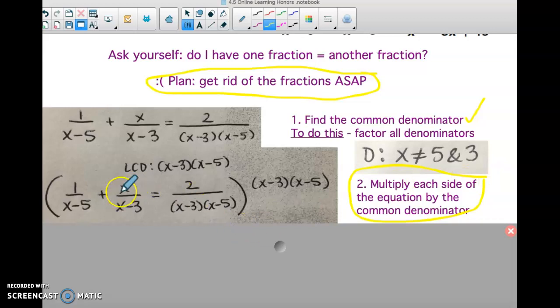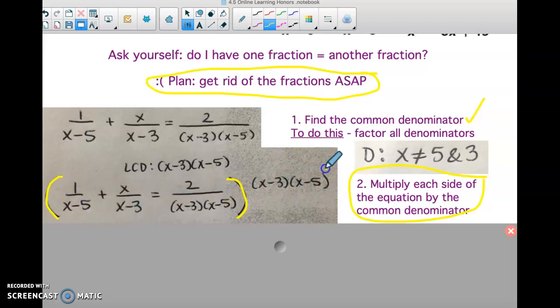Okay, so how I write that is I rewrite my equation in the factored form that we just did, and I put parentheses around the whole thing. I need to multiply this entire thing by my common denominator, x minus 3 times x minus 5. And basically what we have to do now is distribute this common denominator to each fraction.